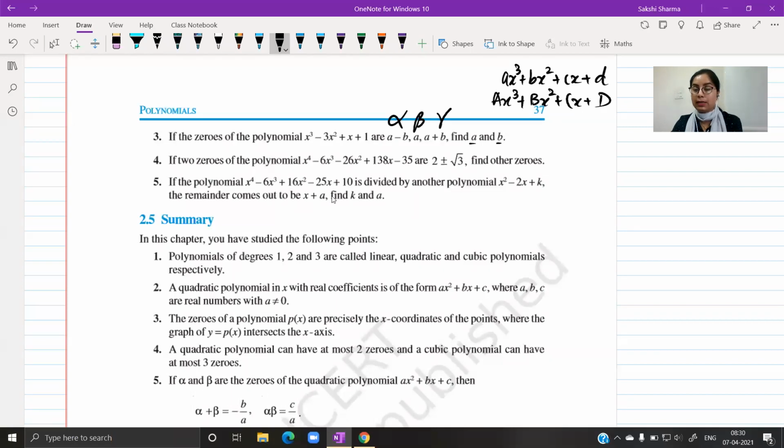Because question में a b उन्होंने use कर लिए हैं, I cannot use a and b to write down the standard form. I'll be writing down the standard form this way. Because I need these to identify the coefficients, and later on I will be using the relationships between the zeros and the coefficients to work out the values of a and b.